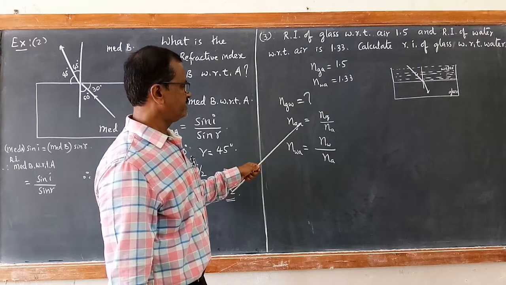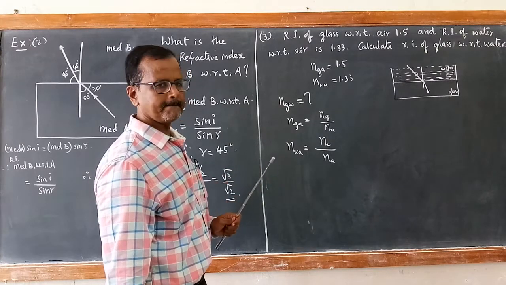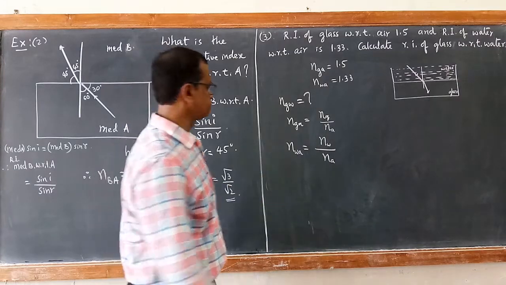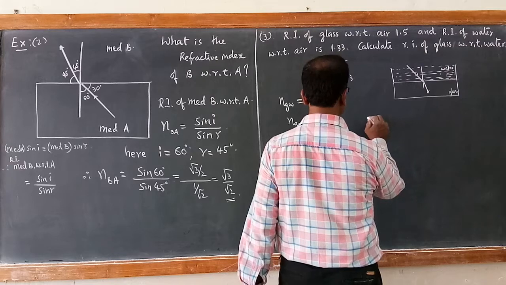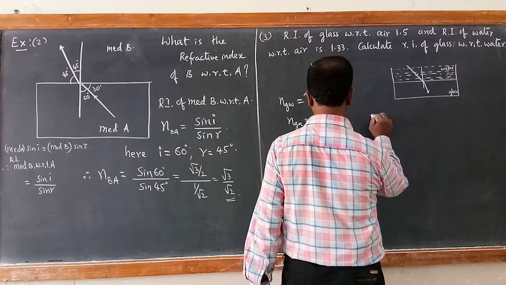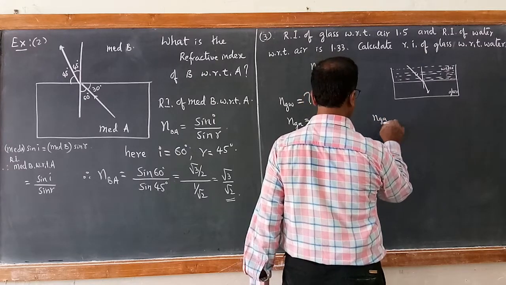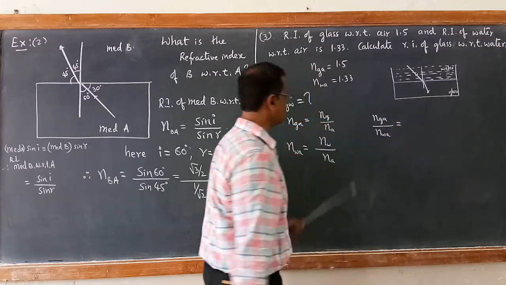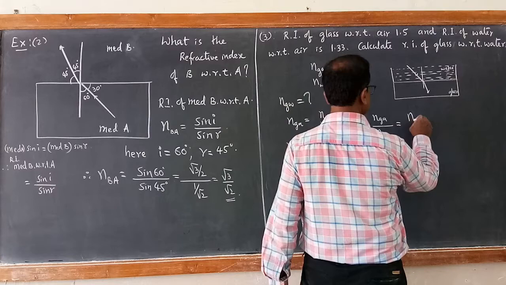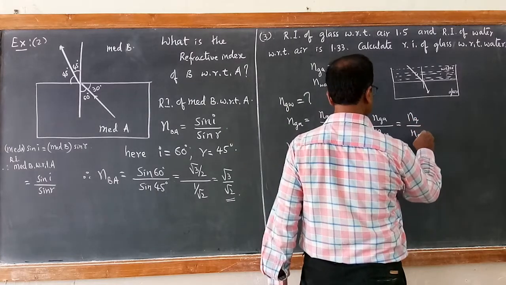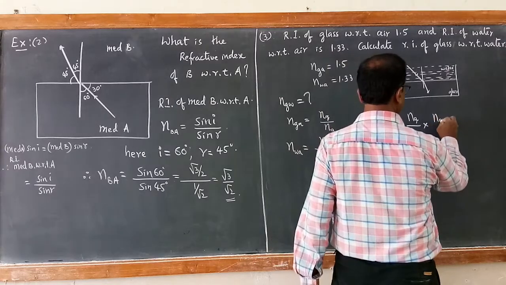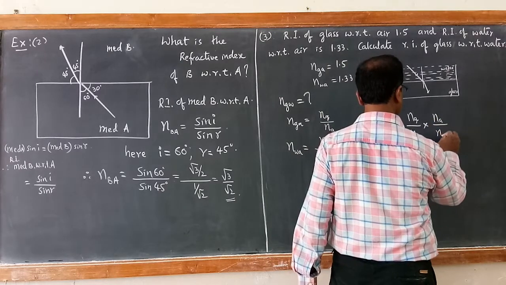Now if you take the ratio of NGA by NWA, what do you get? NA cancels. If you take the ratio, we get NG by NA into NA by NW.